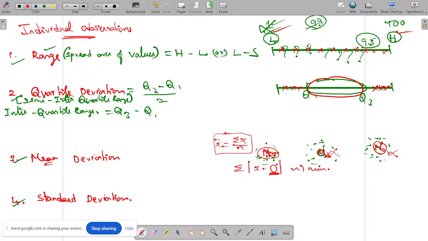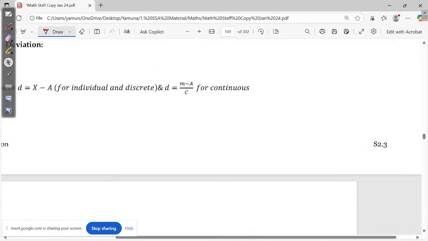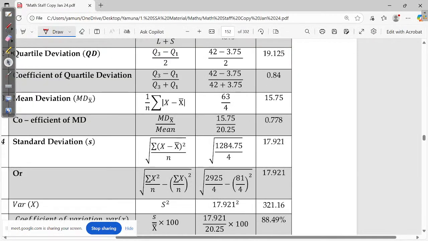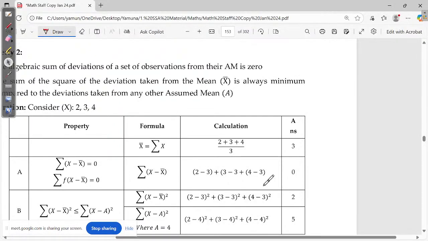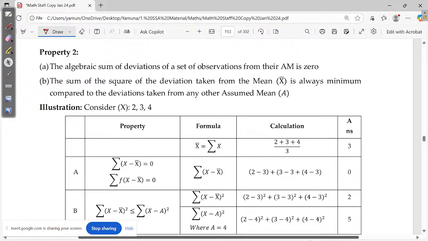This is for mean, median or mode. Which property is that? Mean. Kindly confirm whether it's mean.